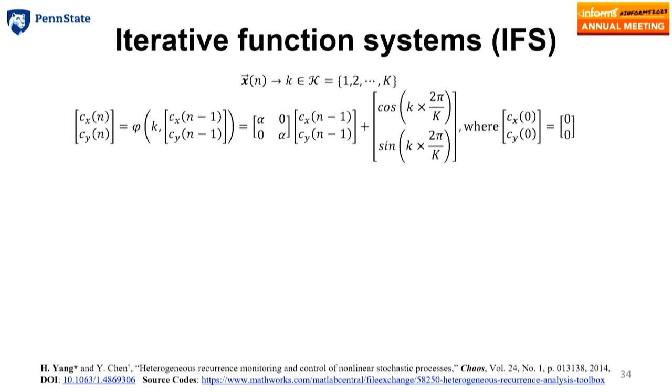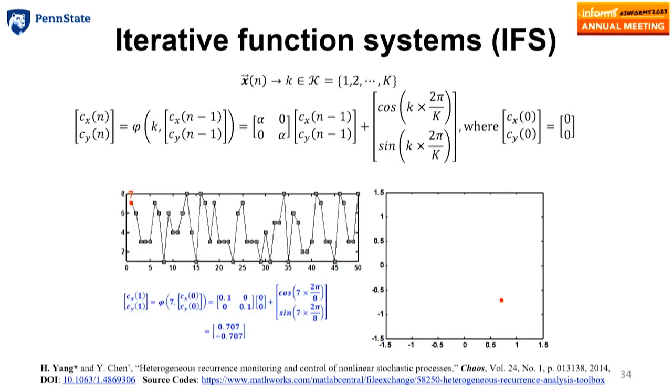The k is which area in the state space they are. Then we do a little bit of shift of the previous address, plus the area that they are, using sine and cosine, so that we can have a circular diagram. The initial address is 0, 0.